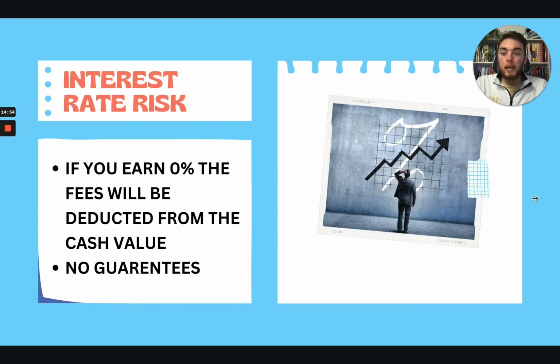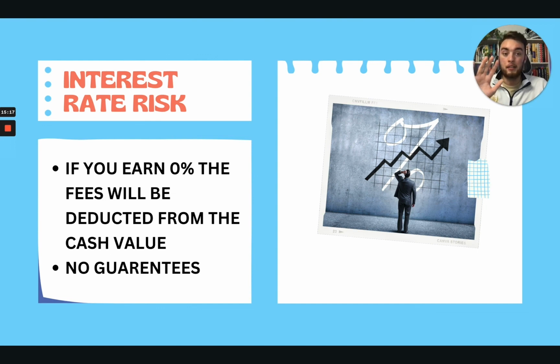And then here we have interest rate risk. If you earn 0%, then what's going to happen is, again, stock market goes into a downward trend. You do get saved by that 0% floor, right? You're not going into the negatives. You're not losing any money due to market volatility. But because there was zero interest gained that year, remember what I said?